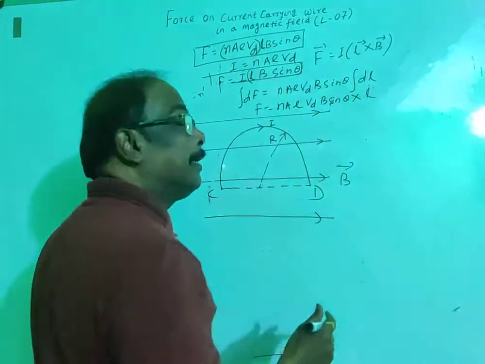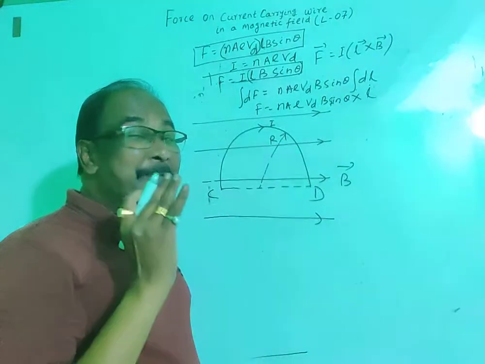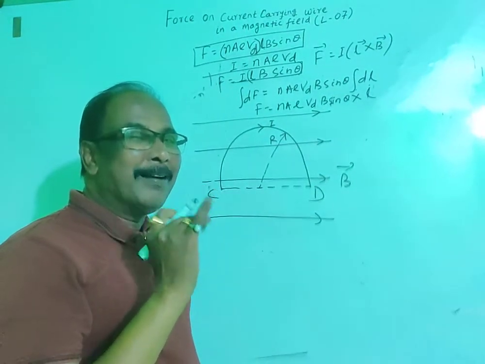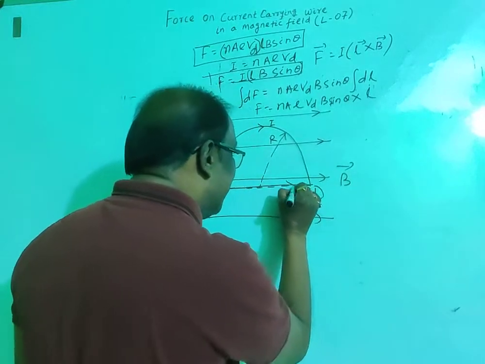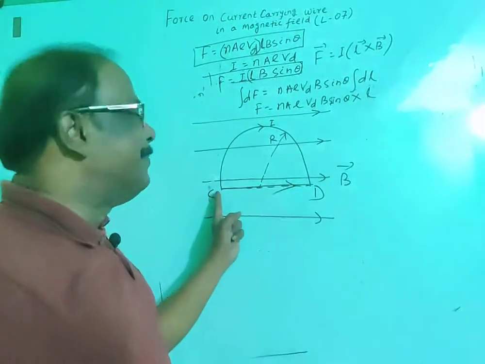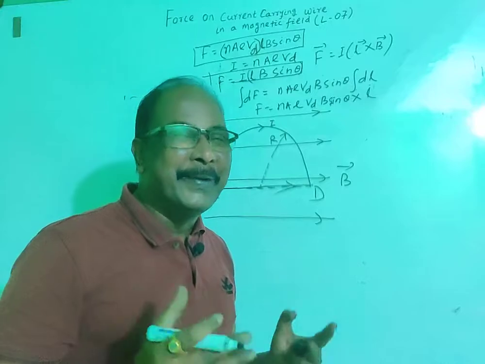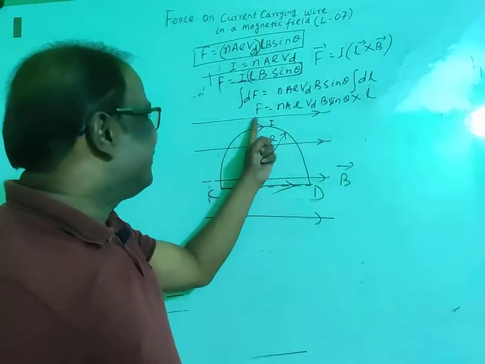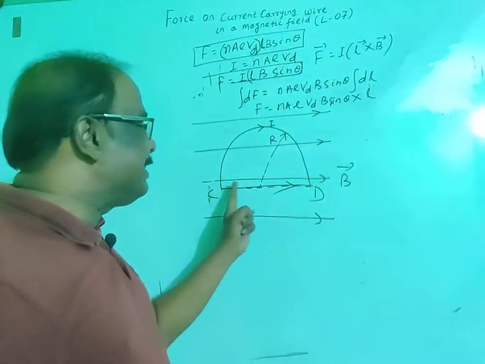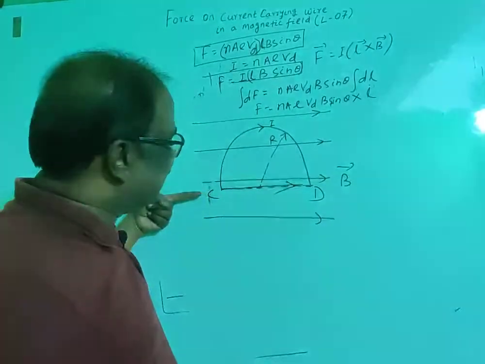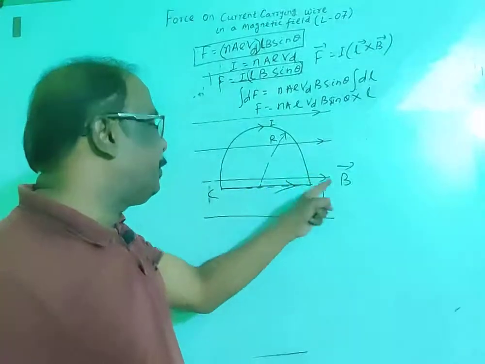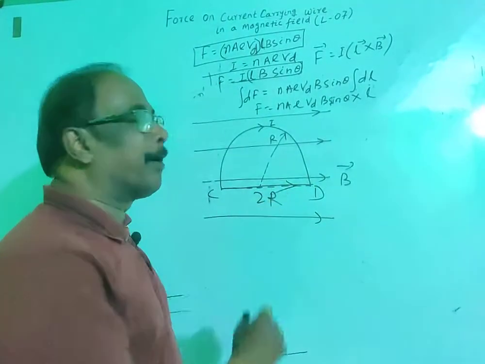So F is equal to N I B sin theta into L. What is L? L is the vector sum of elemental parts, so it is the displacement. If this is the total length, this is initial and this is final, the sum of elemental sections is from C to D, and this length is 2R.